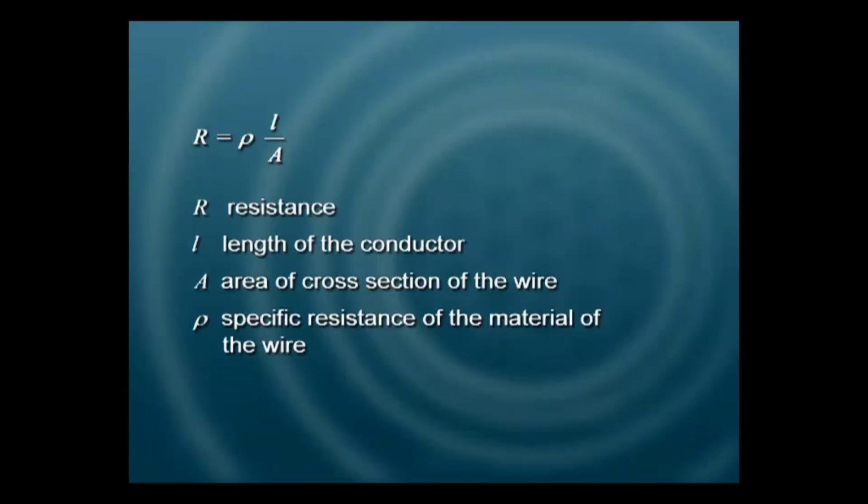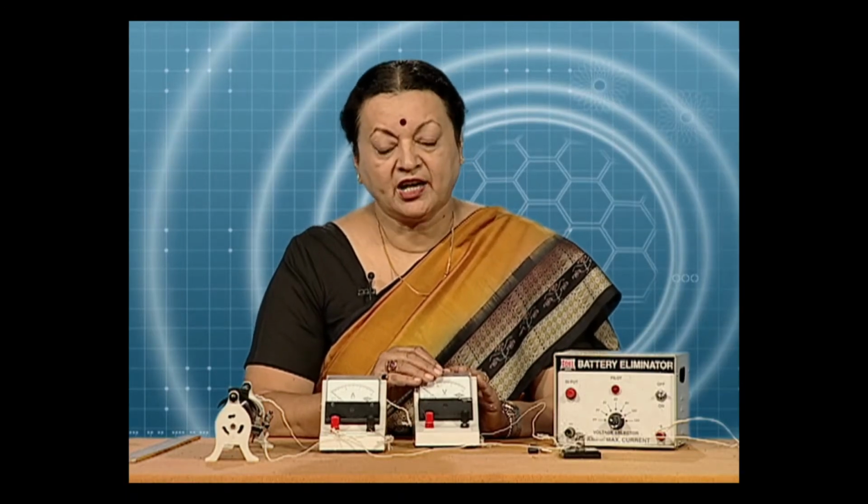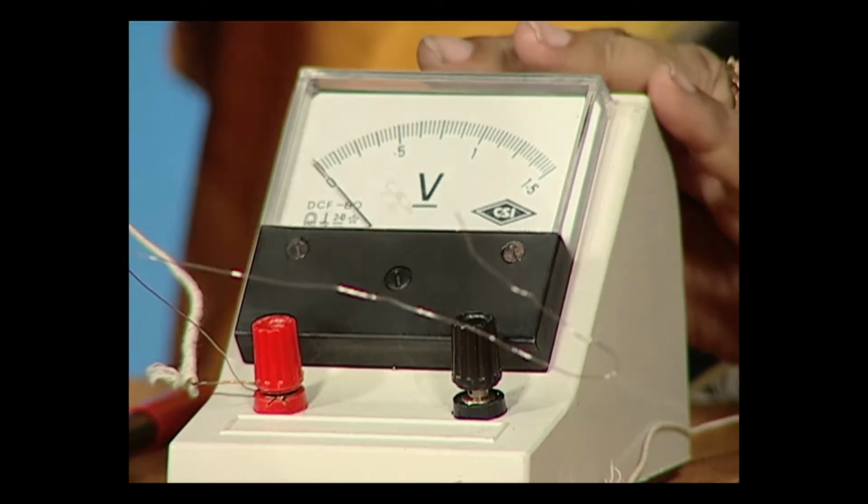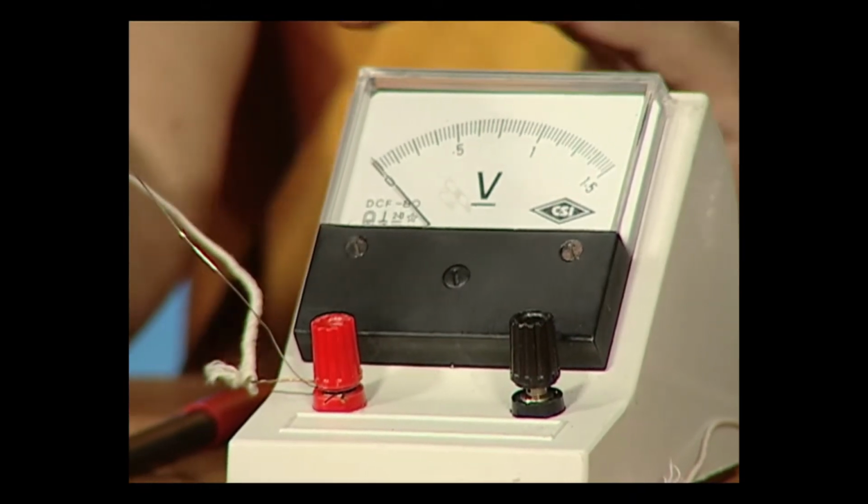We also know that for a conductor like a wire, the resistance depends upon the material, which is its specific resistance, the length of the wire, and the area of cross section, which we can show as A. Let us make use of all this knowledge and try and find the resistance of this wire first.